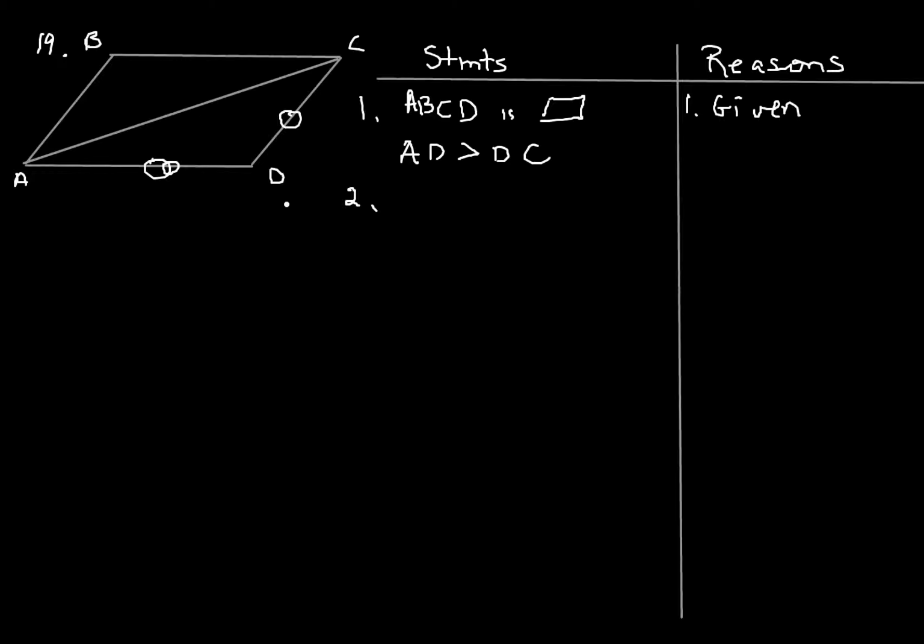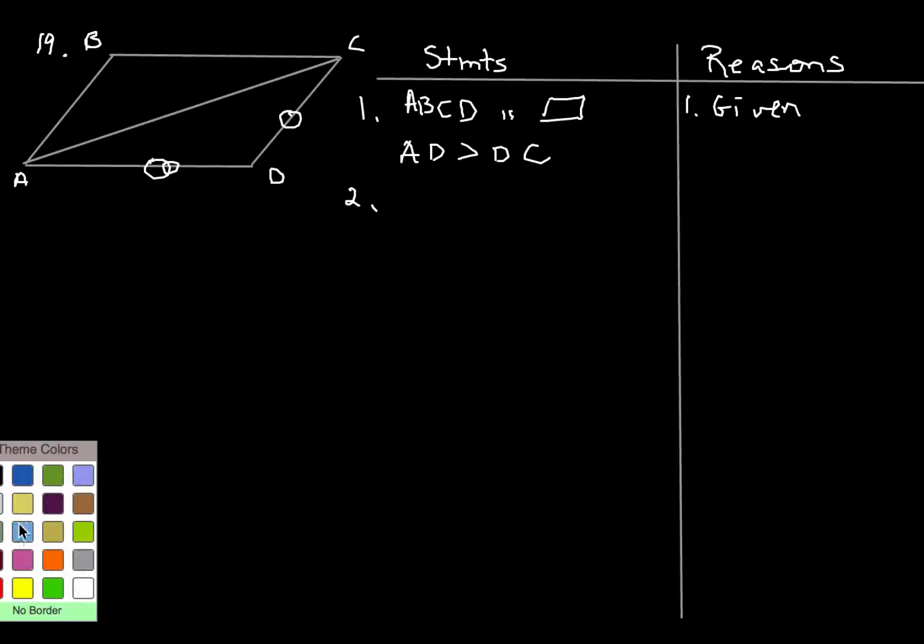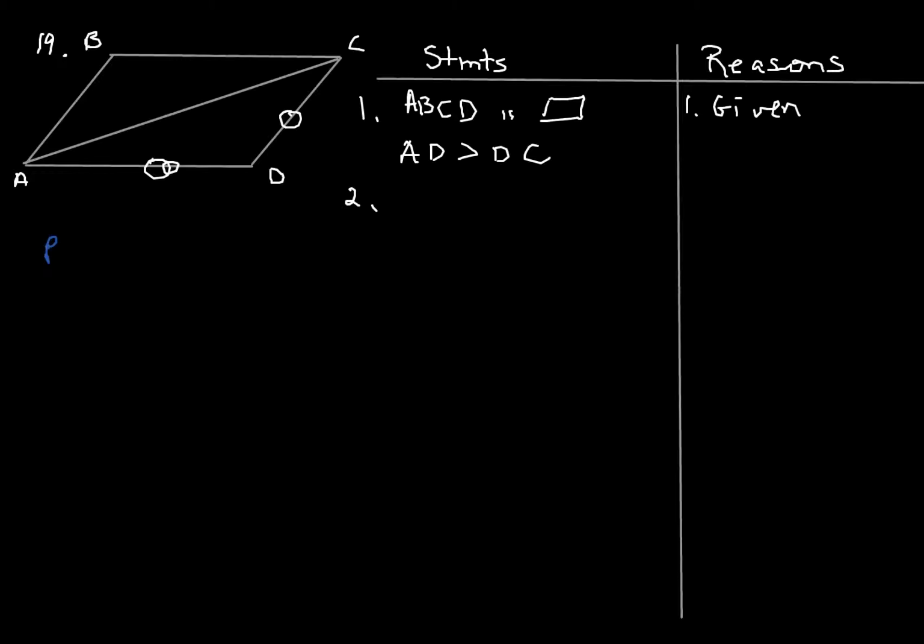So let's see what we're trying to prove. The measure of angle BAC is greater than the measure of angle DAC. So we're trying to prove that this one here is greater than this one.